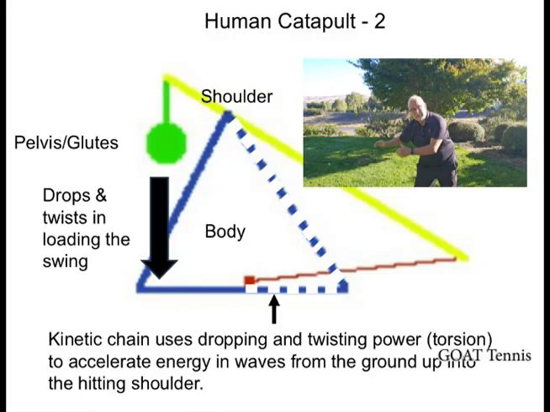So we've talked about this sinking process, dropping the weight into the ground and the pressure into the ground so that energy can rebound up through our body. That's one dimension of catapult power. And we've talked about the other dimension, which is the twisting, torsion energy, where I showed you the twisted rubber device.